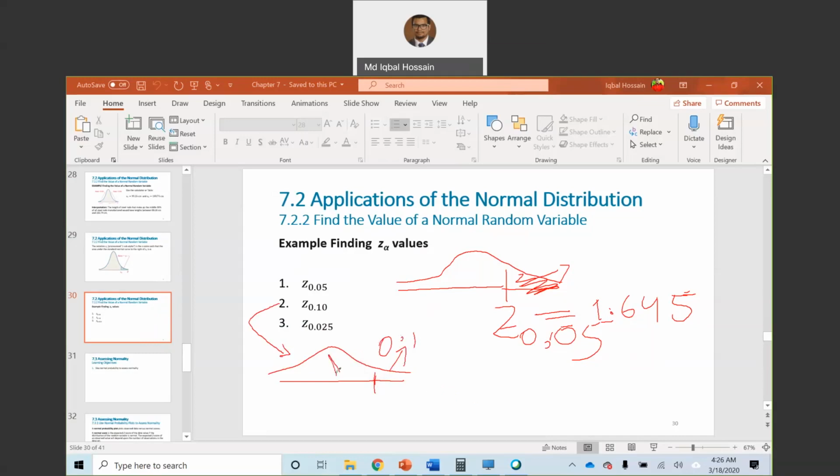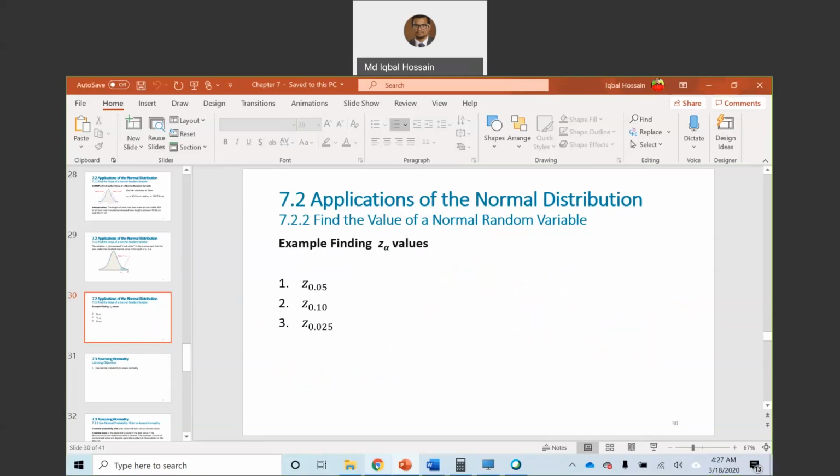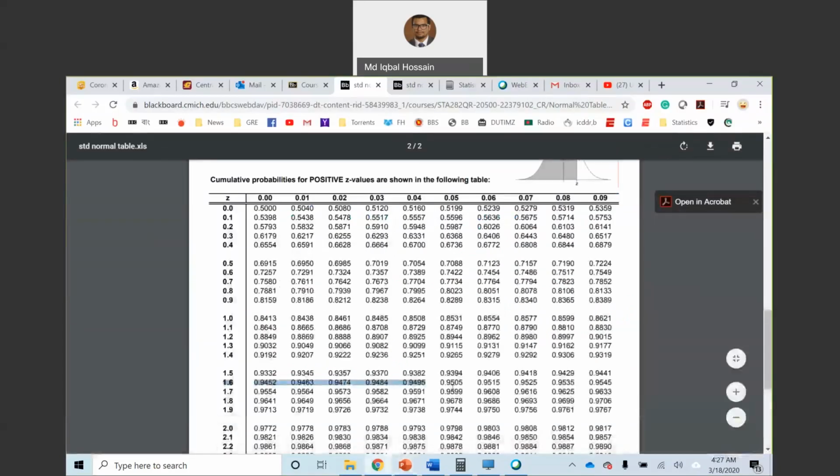That means the area on that side will be 0.9, right? So we will go to the Z table and find the area for 0.9. Then we get the Z value. Find the point where the area is 0.9.